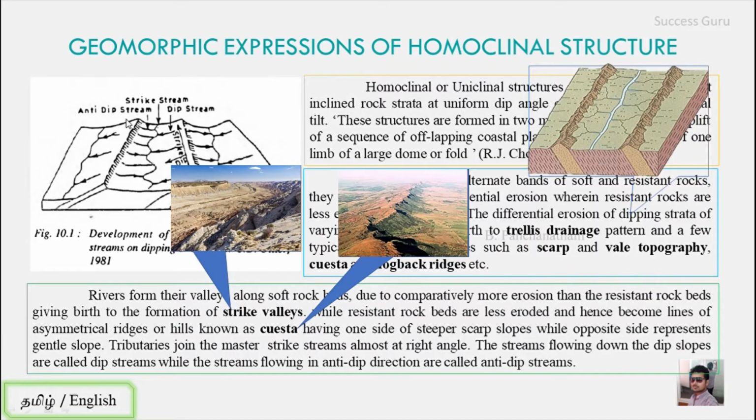So if this is a cuesta structure, you can see this is a steeper slope compared to this one, this is a gentle slope which is along the dip of the formation. The tributaries join the master strike stream almost at right angle, which causes the formation of trellis drainage. The streams flowing down the dip slope are called dip streams, while the streams flowing in the anti-dip direction are called anti-dip streams.